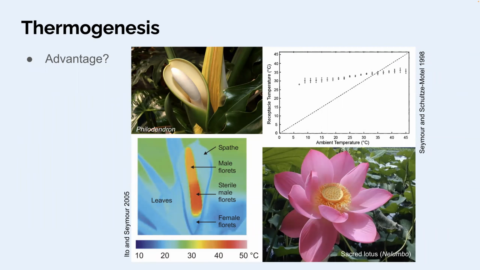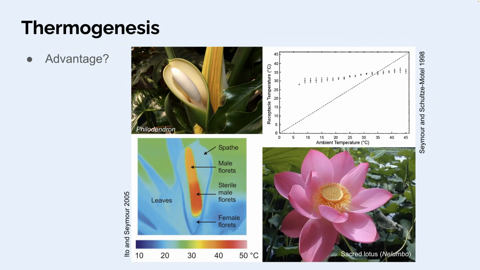Kind of along with that, some of these plants that are making the appearance of dead animals, they also heat their flowers. I don't know if that's true for any on the image here. They don't have the look of anything dead, but some flowers do heat up a bit during their pollination period. And the advantage, well, if it's a cool environment and an animal needs a warm place to hide, that could be an advantage.